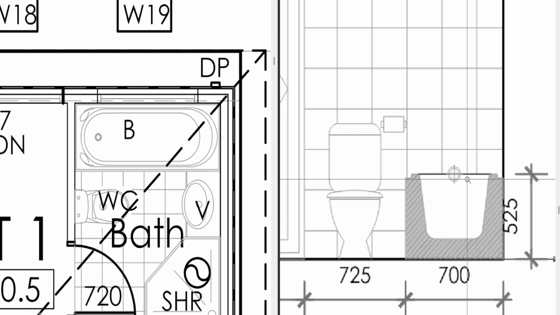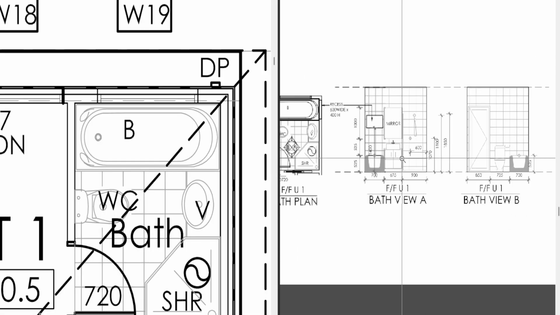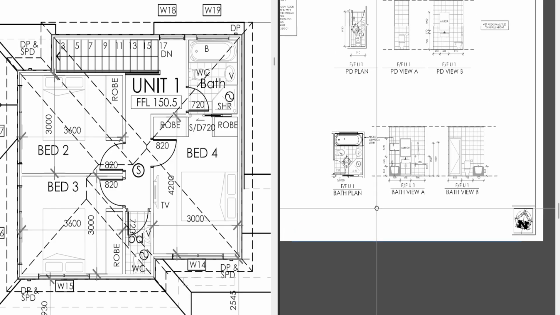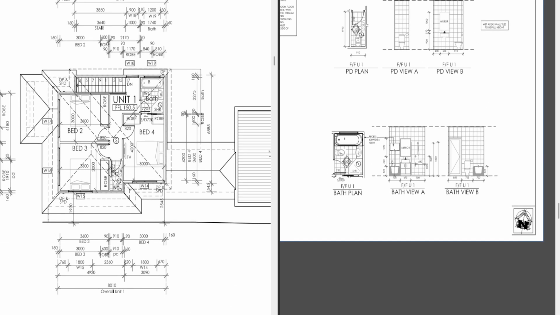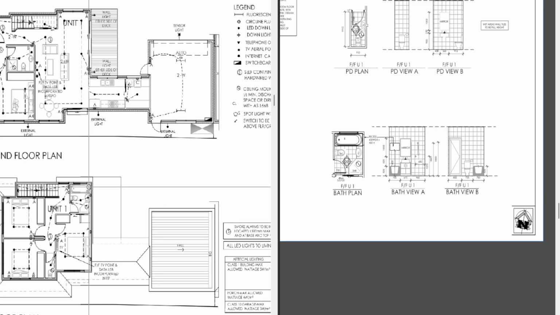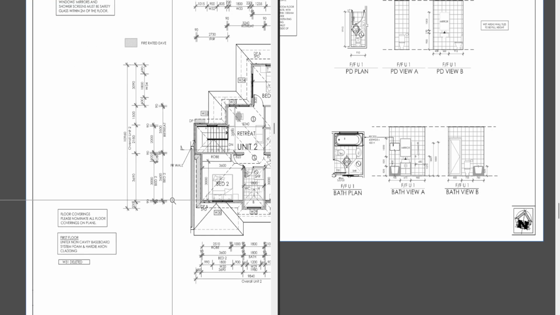Now you have calculated how much and what type of tapware is coming where. After that, let's jump to another elevation. This is the ground floor. Let's go to unit 2.